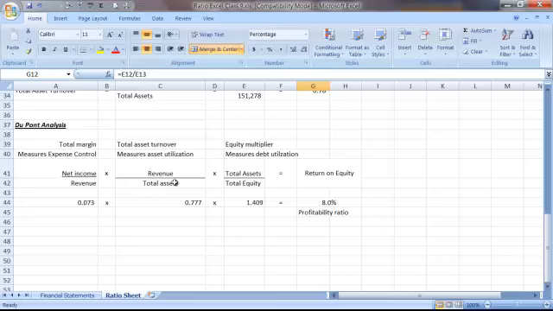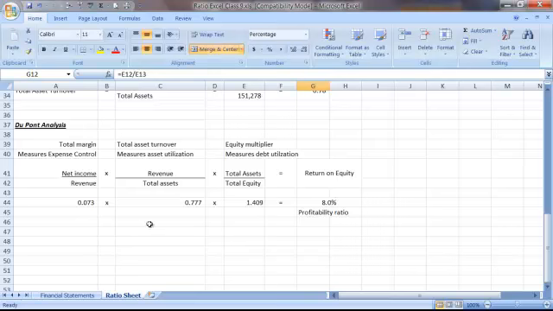So here we have 0.77, which is not bad on our total assets. And then our equity multiplier measures our debt utilization. How well are we using our equity debt as a component of our total assets? And that was at 1.409.